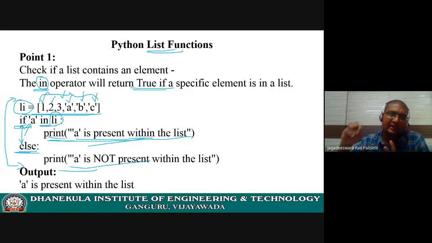If the user doesn't write any print statement or doesn't use any control flow statements, by default the in operator will return the Boolean values either true or false. If the value we are searching for in the list exists, it will produce true. Otherwise, it will produce false. So that is the first point you have to remember while you are working on the list functions.